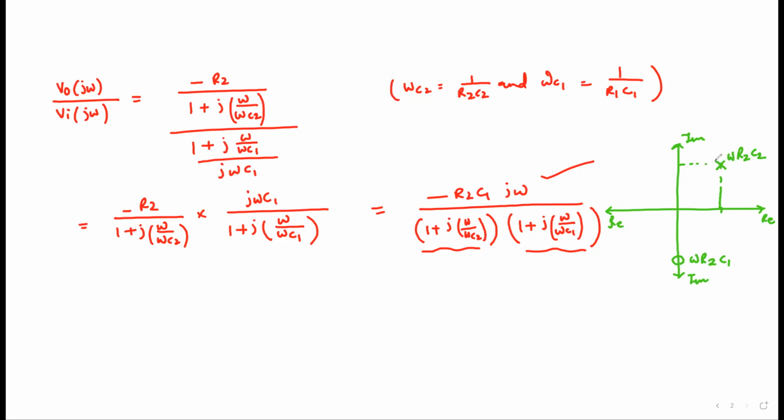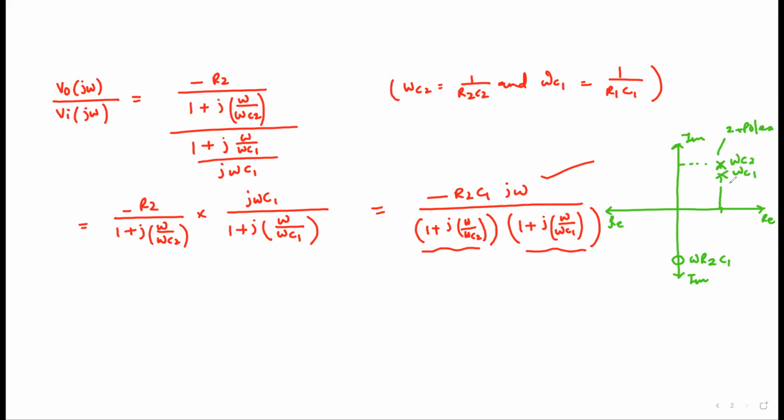And this is another pole again at omega R1 and C1. So we have these two poles here. Of course, with the values chosen, let's say omega C2 and omega C1.